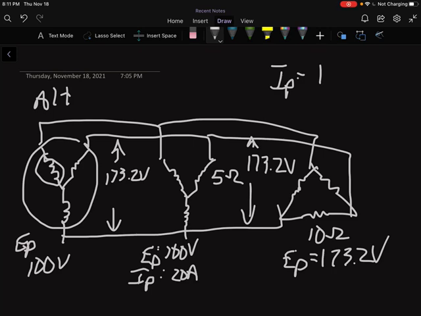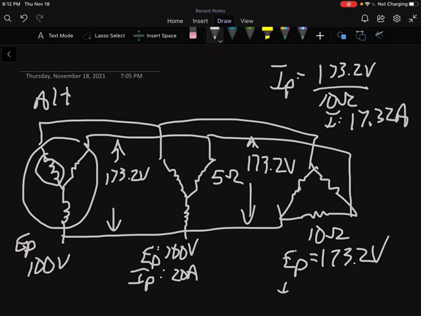We have now 173.2 volts divided by 10 ohms, and we have a current per phase of 17.32 amps. I'm going to write my I phase down here, and we have 17.32 amps.